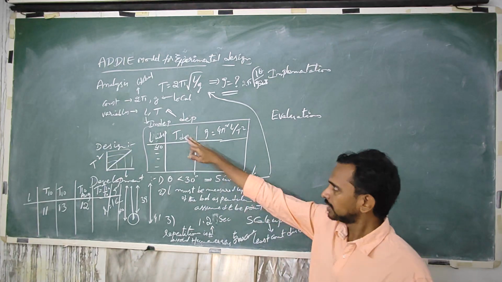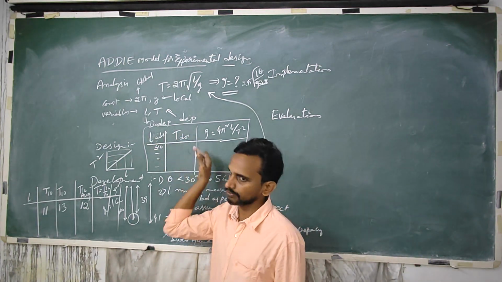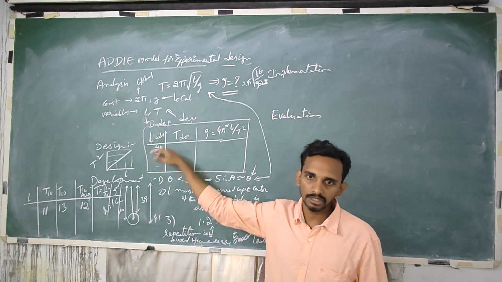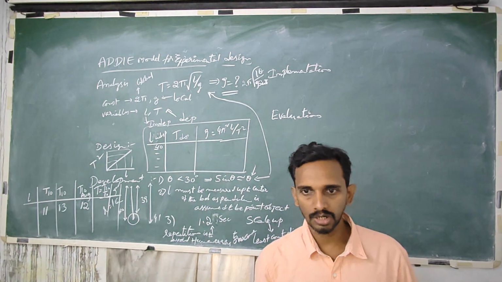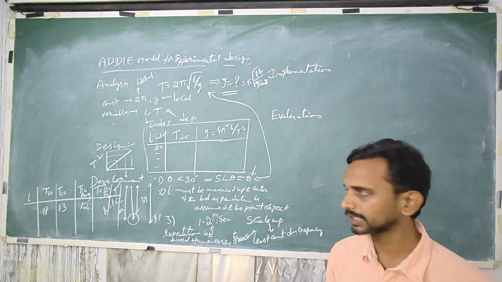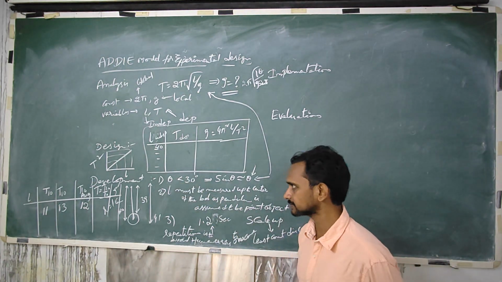Then I have to look at the design part. So how to measure L, how to measure T, what are the possible errors and how to avoid them need to be taken care of in the development part.